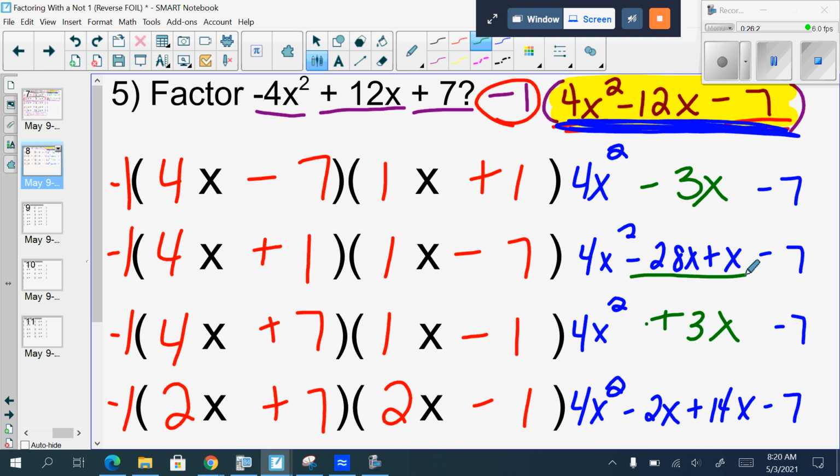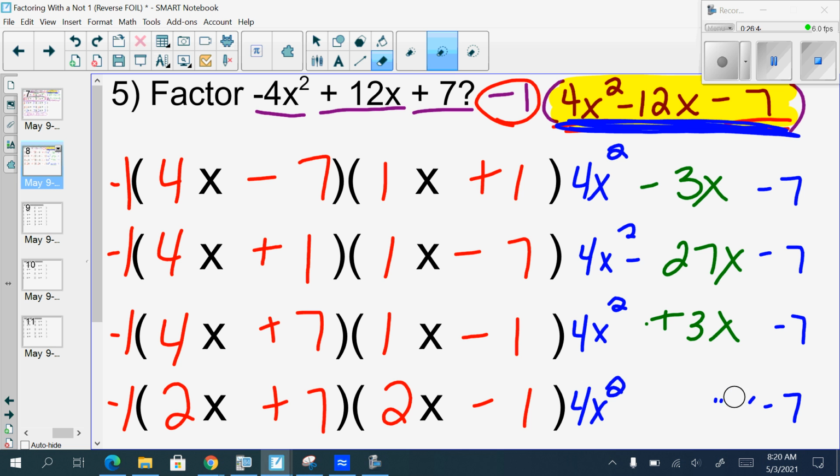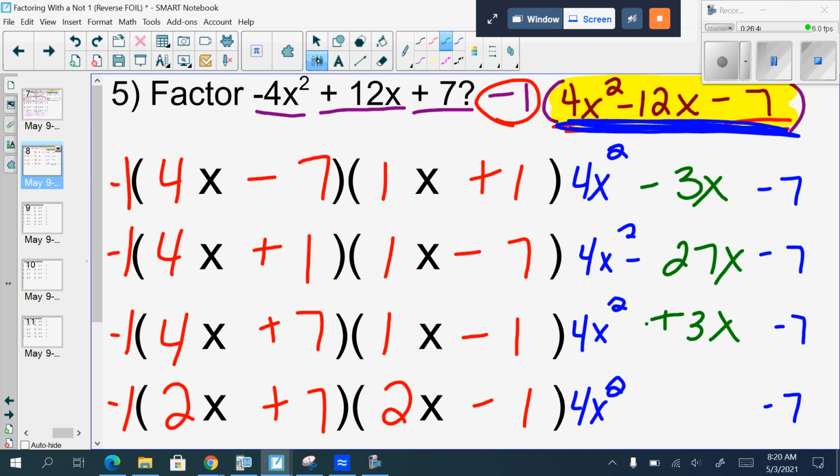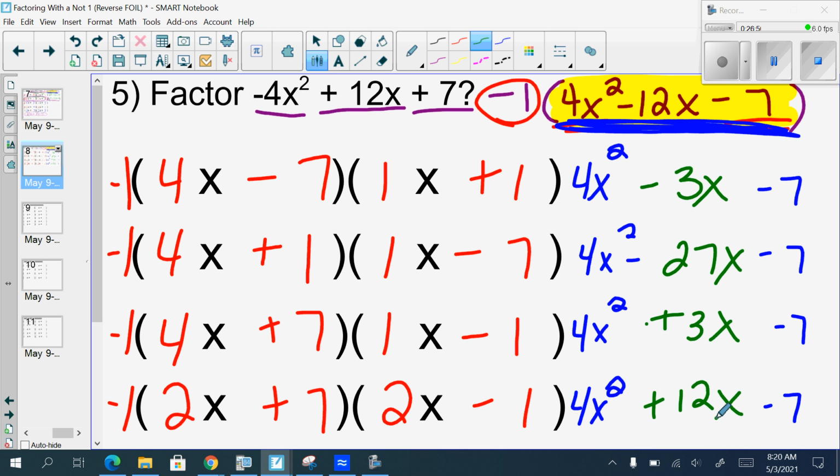This one, again, watch your signs. Negative 28 plus 1 is negative 27. So I'm going to write minus 27x here, which is not what we want. This one, negative 2 plus 14 is positive 12x. So I need to write plus 12x as my middle term. And that is the correct combination.